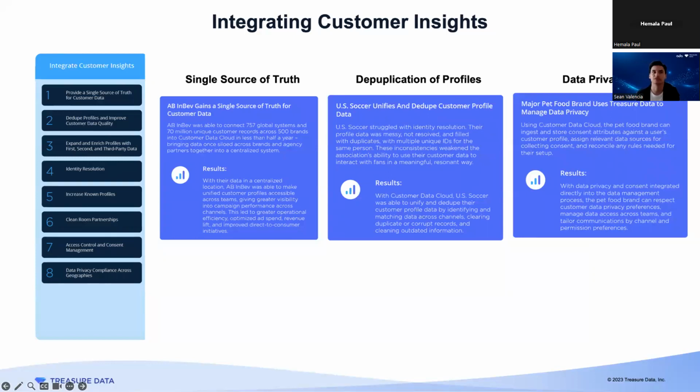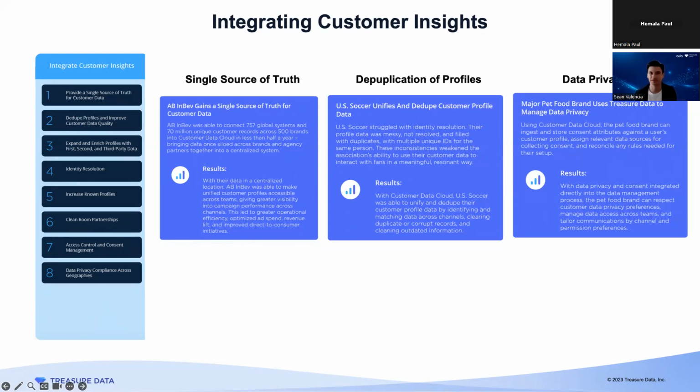So the single source of truth, what is that? This is quite a common challenge, especially with large organizations with many different brands or facets of their business. It could be that the customer data has been spread out everywhere, and one customer may be a loyal customer of many different brands or services, but we don't have insight into that because everything's operating independently.